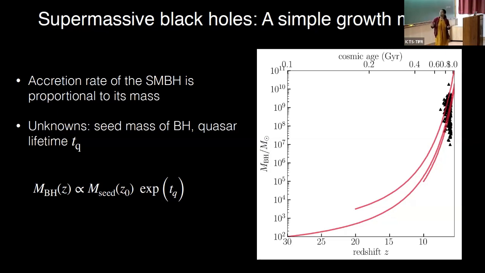If you know the seed mass, the seed redshift, and the quasar lifetime, that's the time for which the supermassive black hole is active, then you can use the exponential to compute what the black hole mass should be at a given redshift.